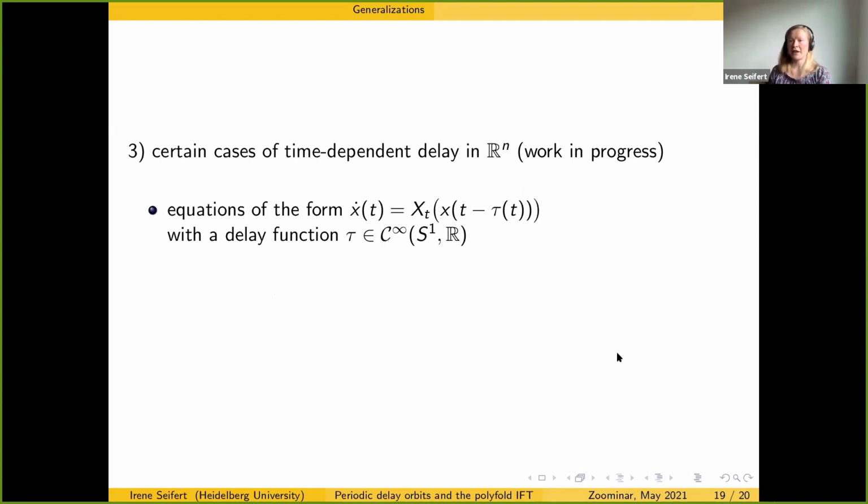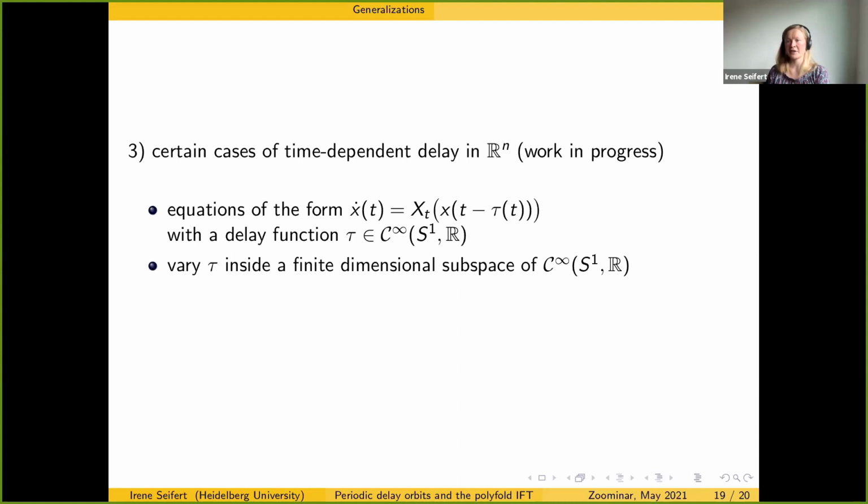Well, then to have any chance of a Fredholm operator, of course, we should vary this delay function only in a finite dimensional subspace of C infinity. But even in this setting, it's possible to write down examples where this just doesn't make sense and where you cannot get such a solution manifold.